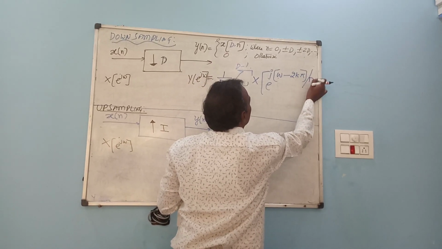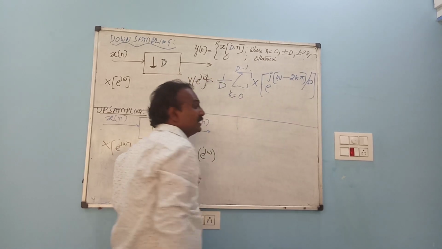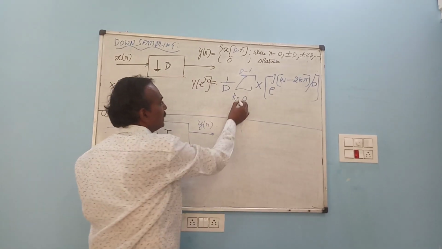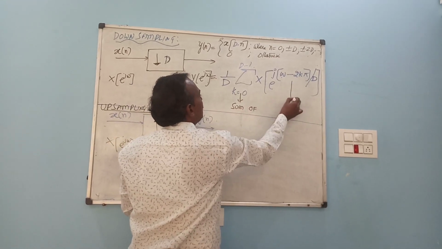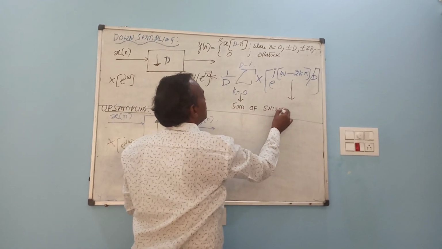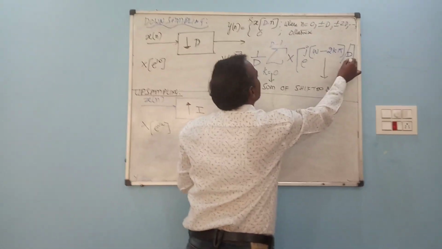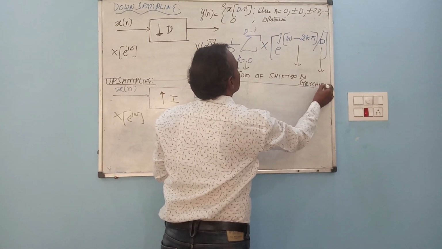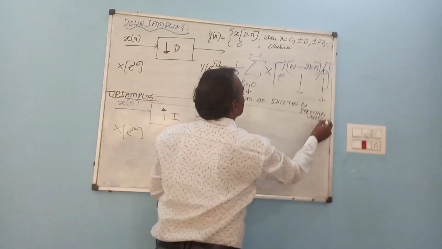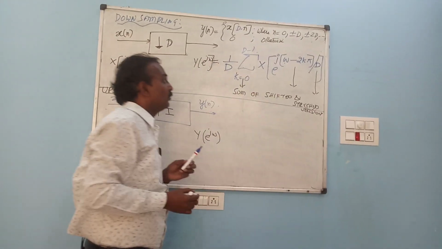What is the stretched version? The downsampling version d. So we wrote it as the sum of shifted and stretched versions. This is the output we have observed.